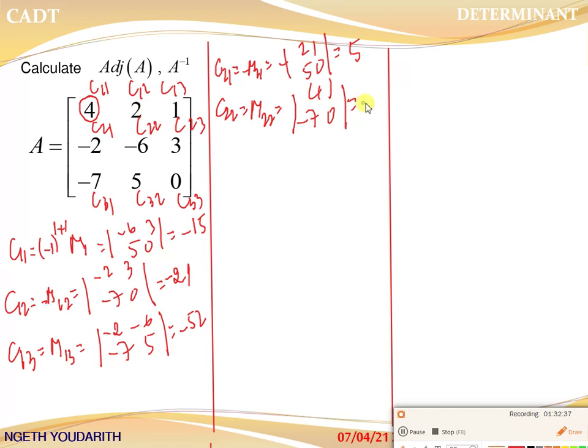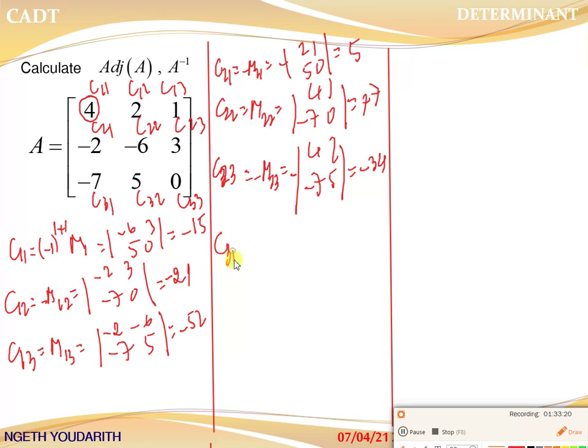So equal 7. C23 is equal to minus M23. So it is M23, this one, 4, 2, minus 1, and 5. So this one is minus. So we get about this is 20, 20 plus 14 is minus 34.